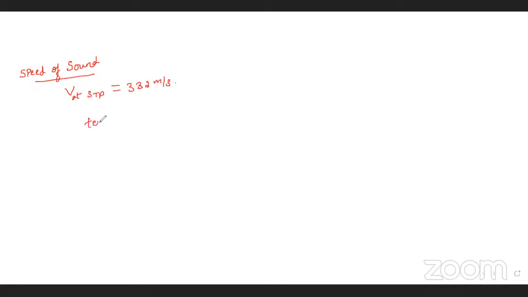But what will happen to the velocity of sound if the temperature increases? If the temperature of the surrounding medium increases, the velocity of sound also increases.